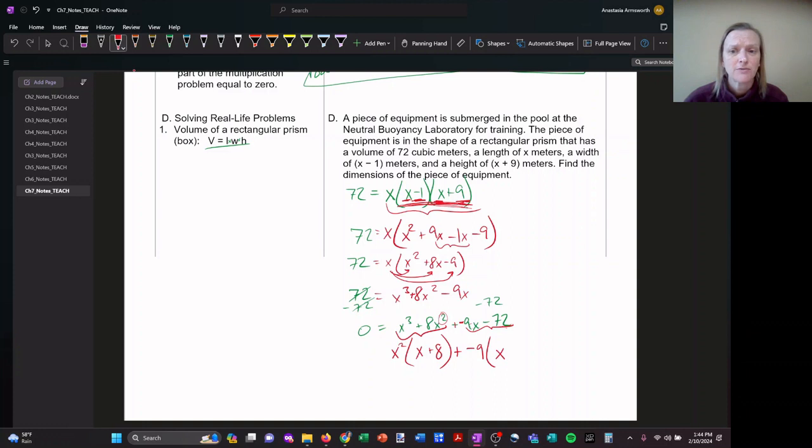So I'm left with just x for my first term because negative 9x divided by negative 9 just leaves me x behind. And negative 72 divided by negative 9 is positive 8. So I factored out that negative 9, and that's what I'm left with here.